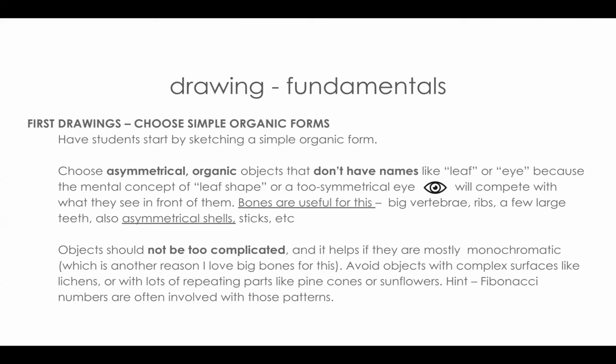A leaf has a kind of leaf shape, so people may not see the shape exactly because they have in their mind what a leaf is supposed to look like, whereas a bone is just sort of a bunch of shapes. And it's also monochromatic. So I will ask them, and I also often do this with leaves. I don't do this with bones all the time.